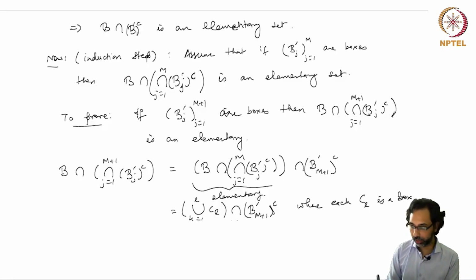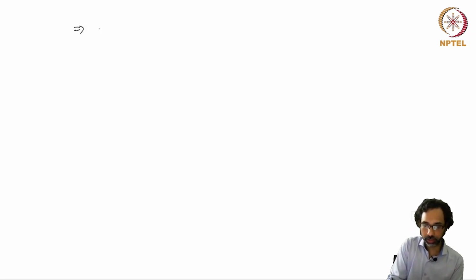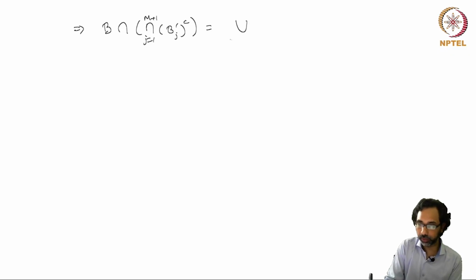Now we have to take this intersection with the B prime m plus 1 complement. So now we can distribute it inside the union. This implies that B intersection of j equal to 1 to m plus 1 Bj prime complement is equal to union k equal to 1 to L Ck intersection B prime m plus 1 complement.